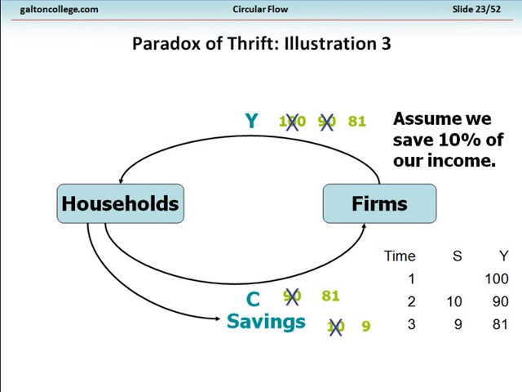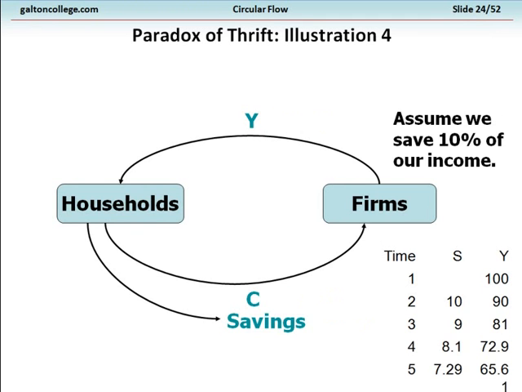If we continue to save 10%, then we would save another 9 and spend 81, which would mean the firms are now paying out 81. So you can see the level of income is falling. And as the level of income falls, there'll be more unemployment, more poverty, less jobs. It's not what we want.